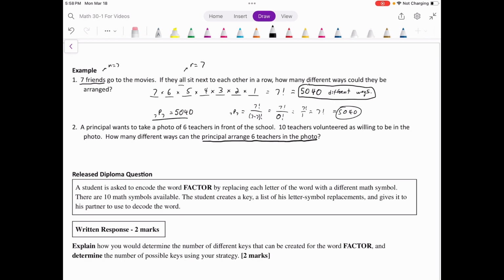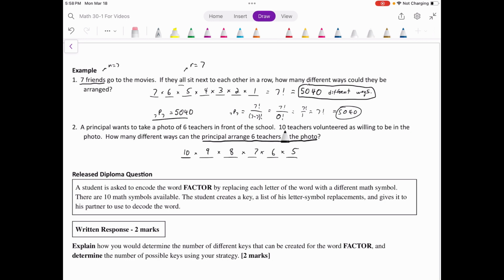Again, I find the easiest way to think about these, we've got 6 spots, 1, 2, 3, 4, 5, 6, right? We've got to fill all 6 of them. So I could put 10 teachers in this spot. That leaves me with 9 teachers I could put in that spot. Then I'm left with 8 options, 7 options, 6 options, and 5 options. So you can see why this isn't just 6 factorial, right?